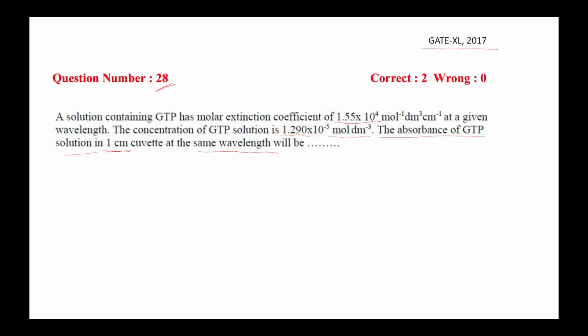Before going to this question, let's talk about some basics. This question is related to spectroscopy. Spectroscopy is the study of the interaction between electromagnetic radiation and matter, which includes atoms, molecules, and ions.